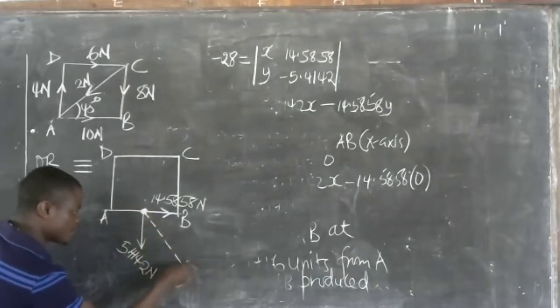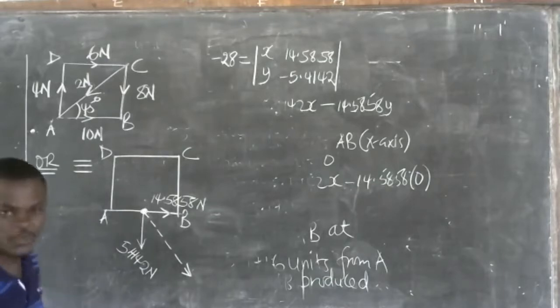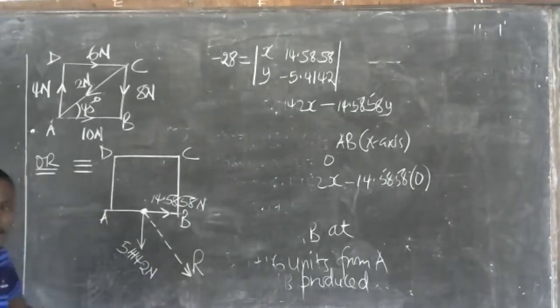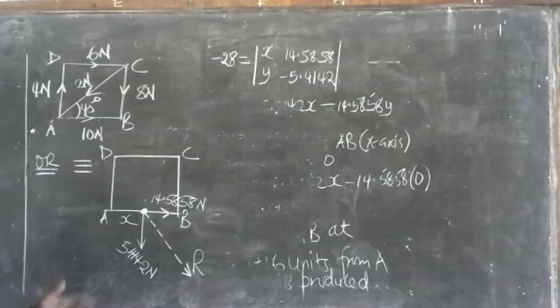The 2 components are forming a 4th quadrant, so the resultant R is in the 4th quadrant. You see it cuts line AB at this point, and we just want the distance from point A. We can let that distance be X, and that's done.